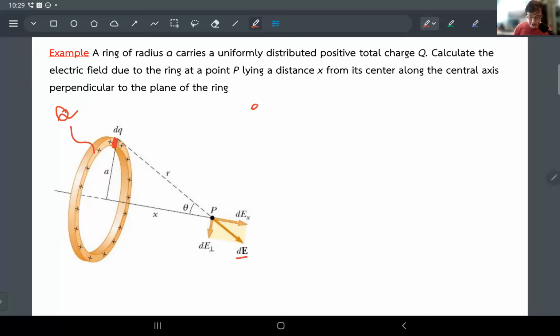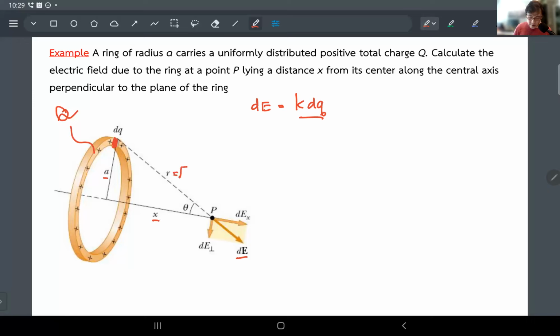First, that tiny piece of electric field is going to be k, the charge generating the field, dq, over the distance squared. And the distance is actually fixed. You know the radius of the ring, a, and you know the distance from the center of the ring, x. So r is just the Pythagorean theorem: the square root of a squared plus x squared.